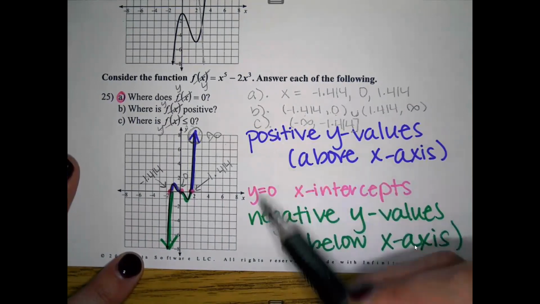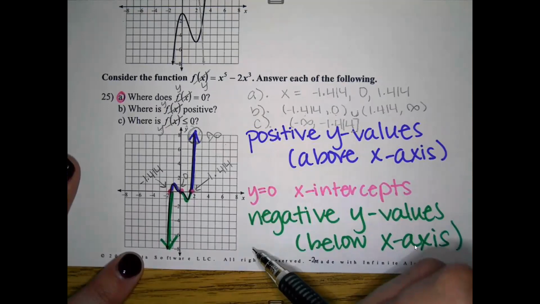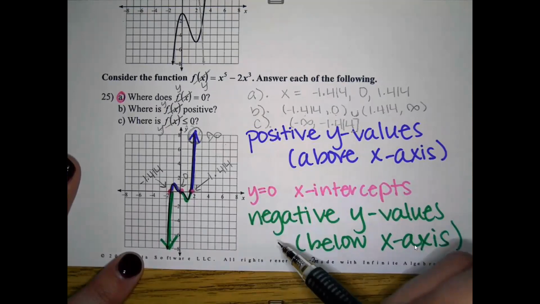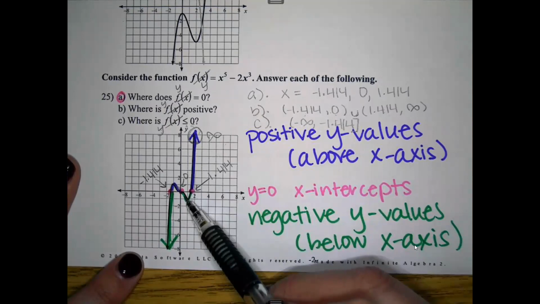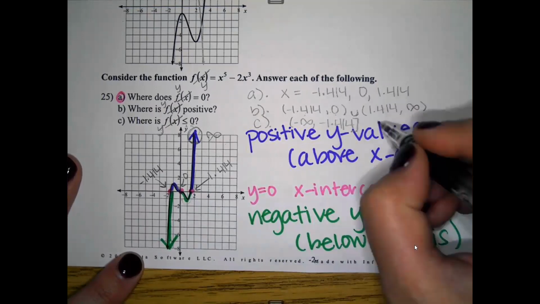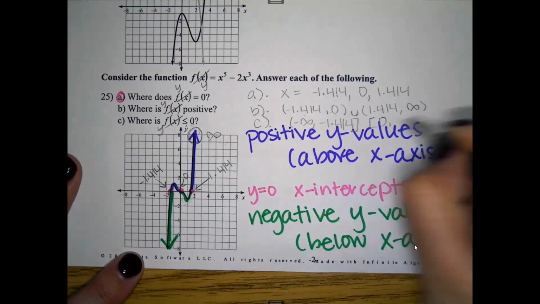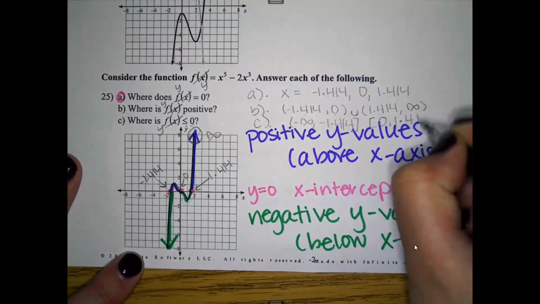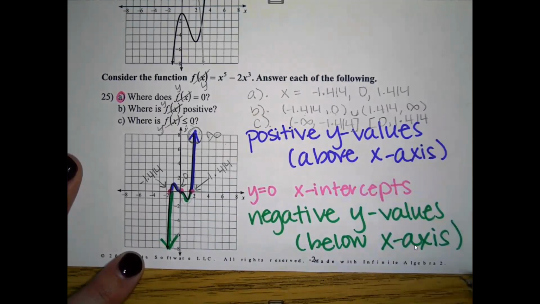Okay, what's the second answer? Because we got another little green piece, so we got another little answer here. How do we write the second answer? Parenthesis or bracket? Bracket.